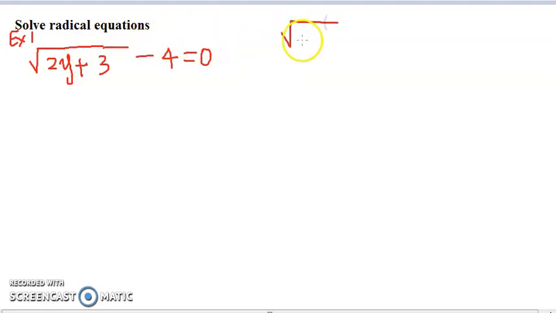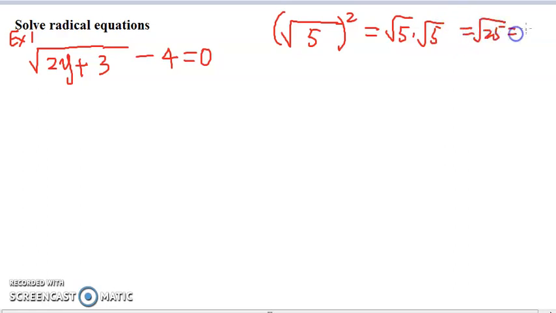If I have the square root of, let's say, the square root of 5, and I square it, that means two copies: square root of 5 times square root of 5, and that gives us the square root of 25, which can be simplified to a 5.